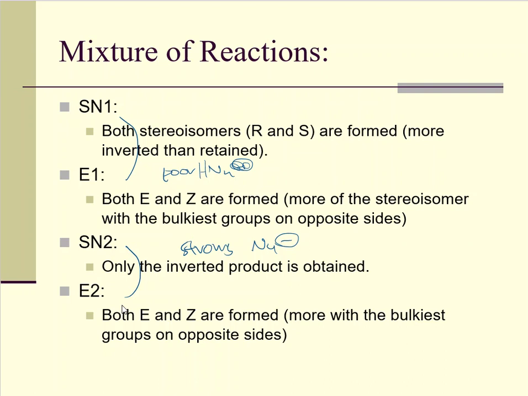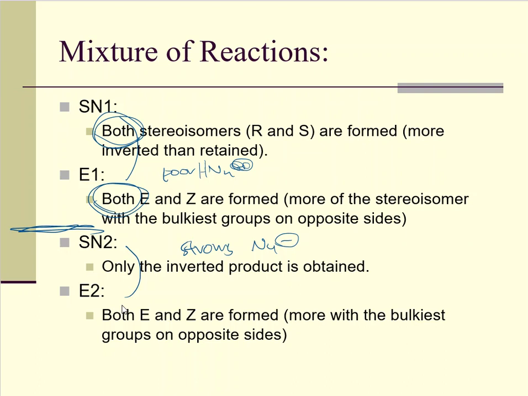Stereochemistry-wise, again, very similar characteristics between the two halves of the reactions that we need to talk about. SN1 and E1, you're seeing both. Both E and Z's are formed. Both stereoisomers are formed, R and S's. Of course, the more stable one as far as E and Z goes is going to be the major product, but you get major and minor products.